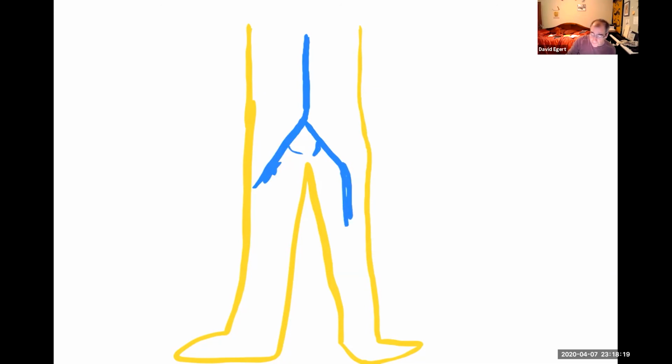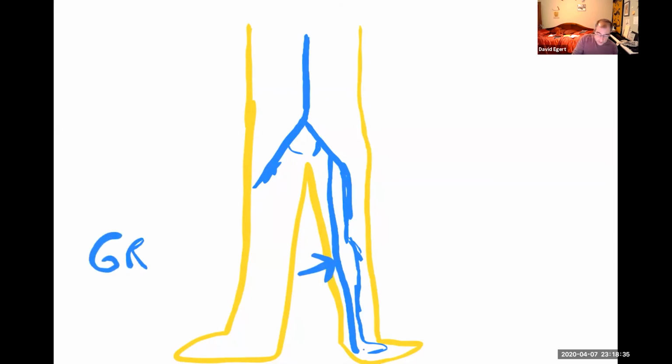Femoral vein goes to the popliteal vein, then the posterior tibial vein. Or you can take one thing that's the great saphenous vein.